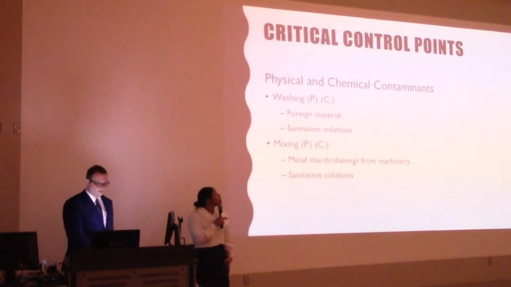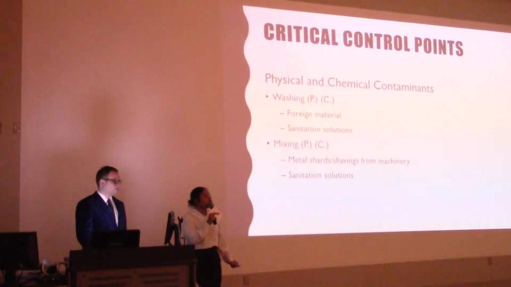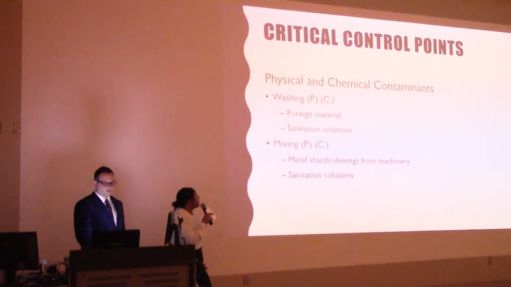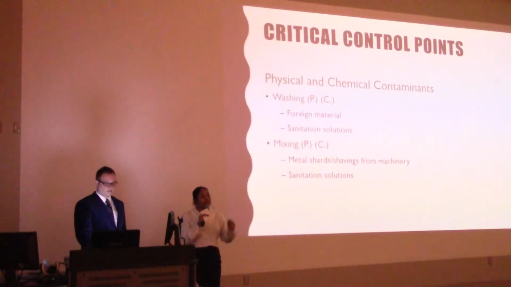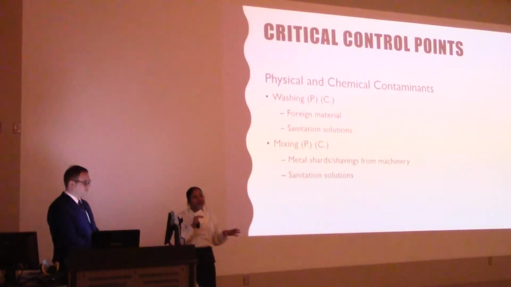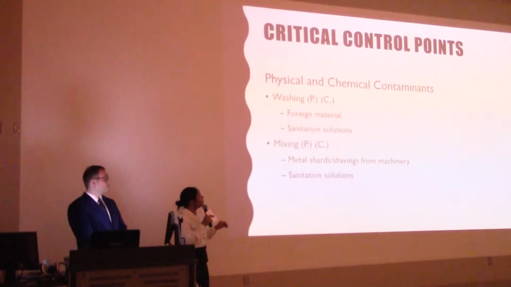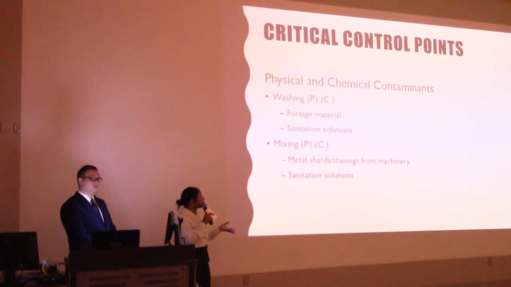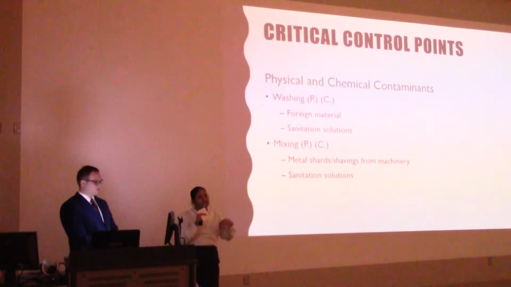Some critical control points that we have for jam would be washing. During the washing process, you have physical and chemical components that you need to worry about. You have foreign material, like I stated earlier, which would be soil that may still be on the fruit, or leaves and stuff that are still in the batch of fruit that's received.